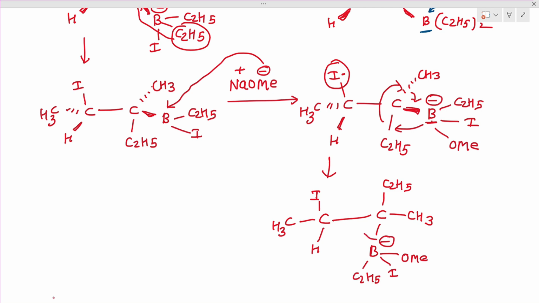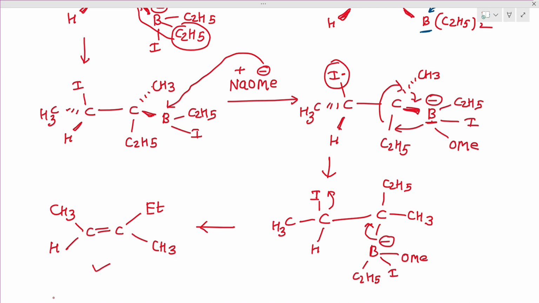This bond will move here and this will move here, so that you are getting CH3, H, C double bond C. Here is the ethyl group and here is the CH3 group. So this product you are getting.